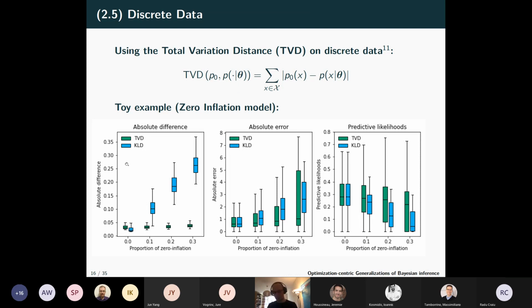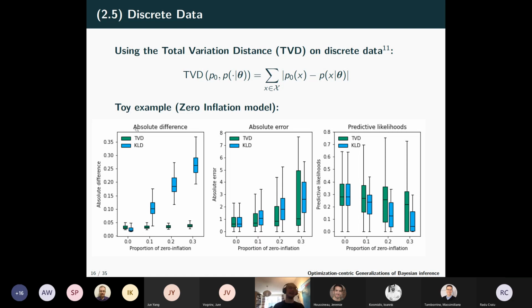So if you have a Poisson model, but you have zero inflation, but you're unaware of the zero inflation, so you don't account for it in the model, and you're just fitting a standard Poisson model. The question is, how big is the absolute difference between the true parameter of your Poisson model and the one that you get using your Bayesian posterior?